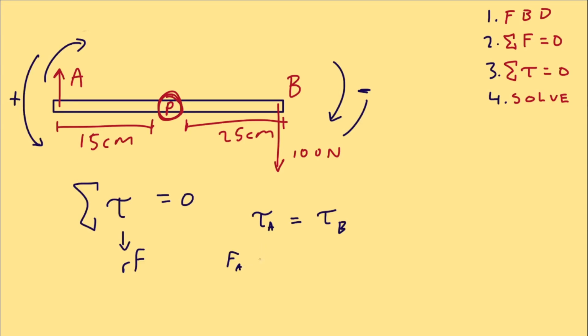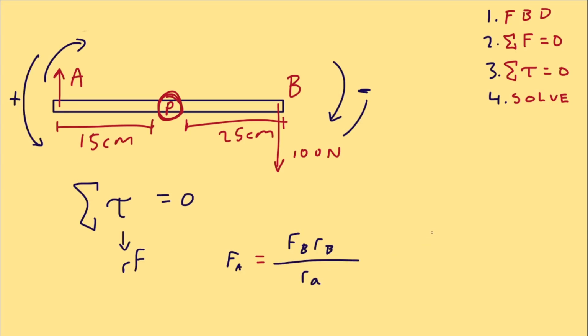Force of A, which is our friend, times his lever arm equals the force of our push times our lever arm. And remember what we're looking for. We're looking for the force our friend has to exert. So let's isolate that by dividing r_A onto the other side, which gives us this equation. F_A equals F_B r_B over r_A.